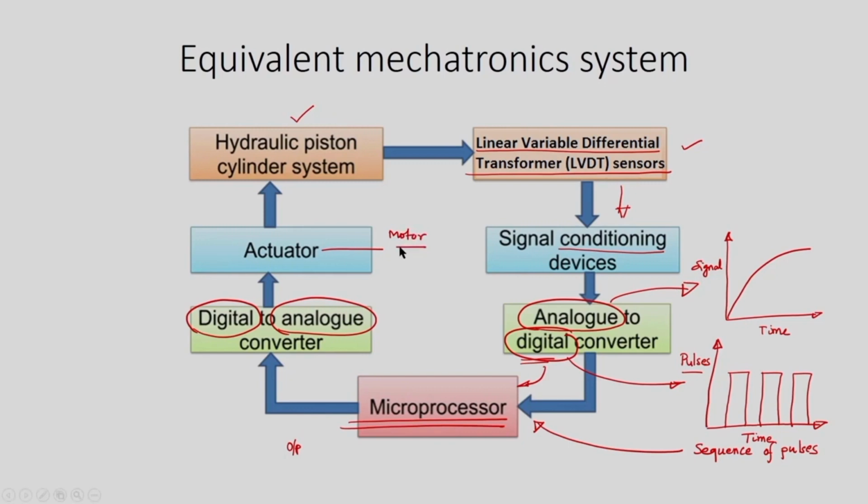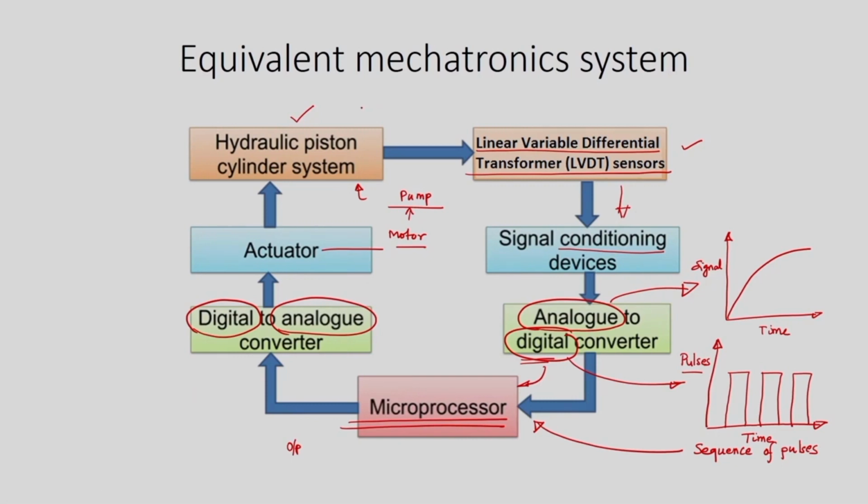The motor runs on electrical power. So we have to convert the digital pulses into an appropriate level of analog signal, and that analog signal actuates the motor. The motor drives the pump and the pump drives the hydraulic piston cylinder arrangement.